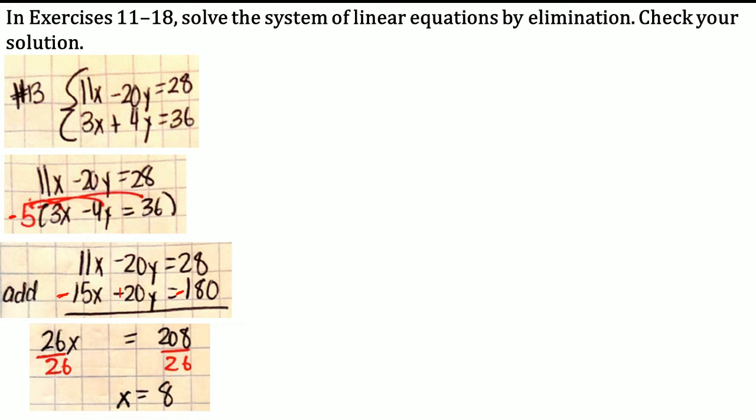Negative 15 plus 11... Wait, no, wait. Hold on. No, that's right. No, I didn't have to do this. I just wrote this wrong.